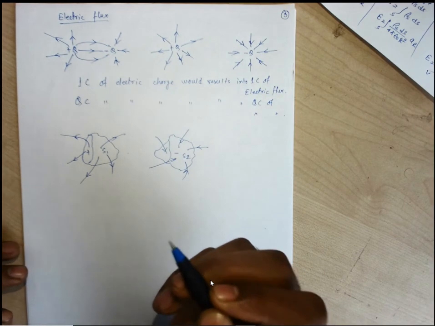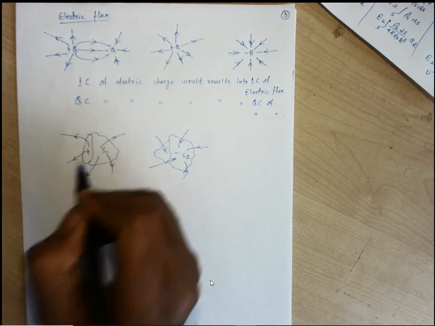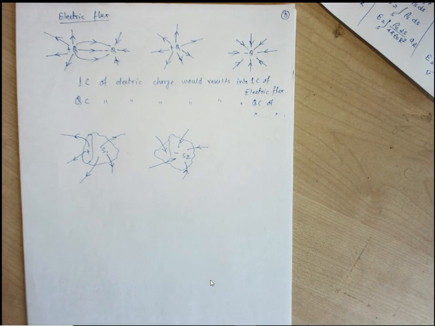For S1, it is enclosing some charge configuration. It may be line charge, surface charge, volume charge, or point charge. Here it results in some flux which leaves this surface or volume. For S2, it has some negative charge, which results in some field lines terminating into it.